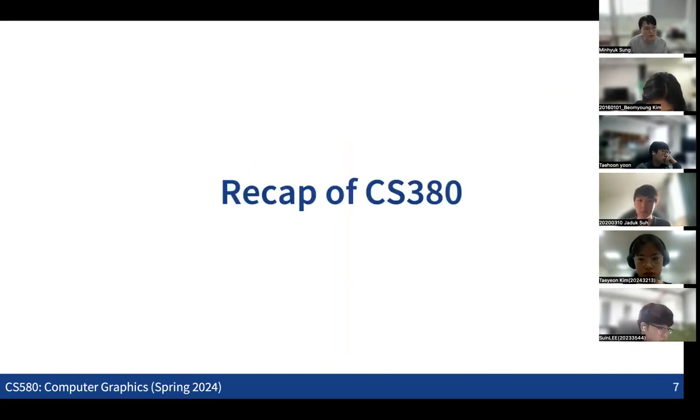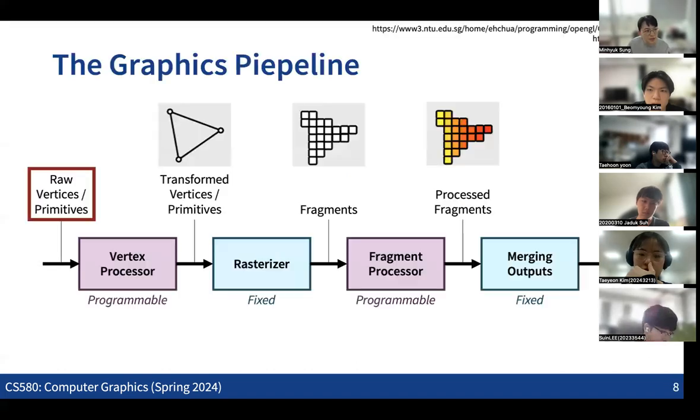What we are going to do for today is briefly review what we have discussed in CS380, especially for the students who did not take this course or who may not remember what we have discussed. So let's briefly review the OpenGL-based graphics pipeline. We start from the raw geometry, as you can see on the left-hand side.